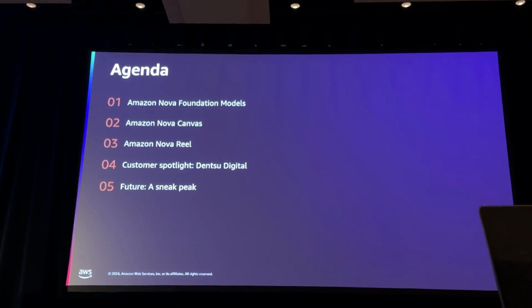We'll then hear from Yamamoto-san how these models are being used at Dentsu Digital to simplify the use cases for their customers. And at the end, a very interesting sneak peek into the future of the Nova family, with a couple of new models that Andy pre-announced yesterday, and we'll be diving deeper into those. Those will be coming next year.